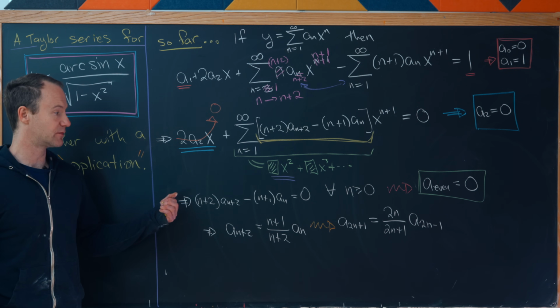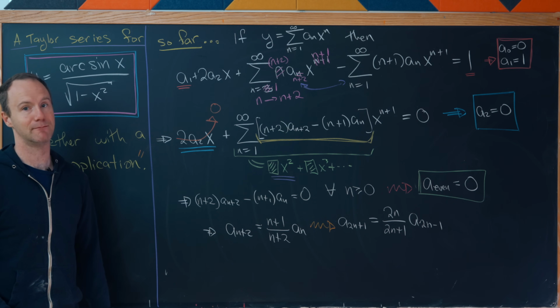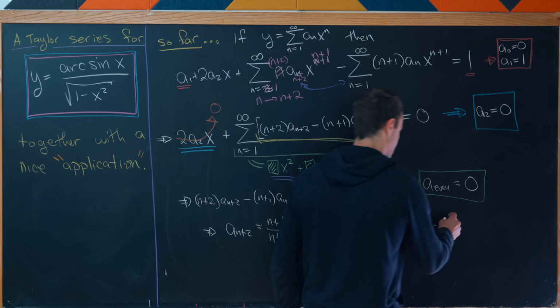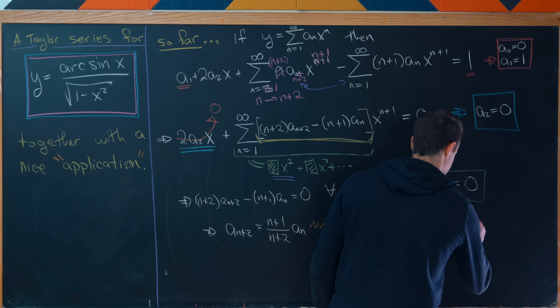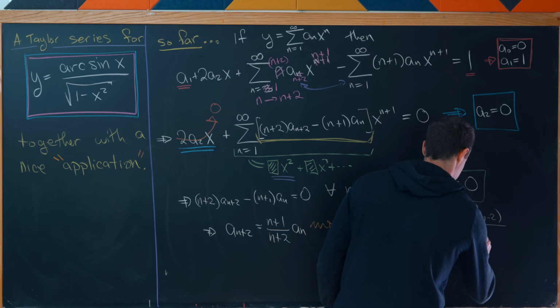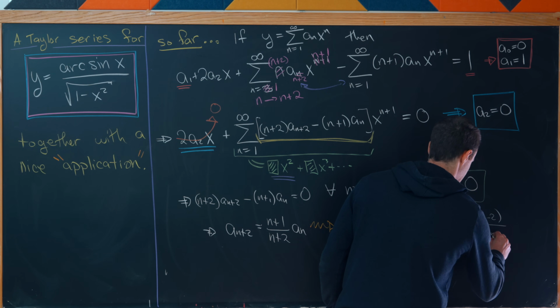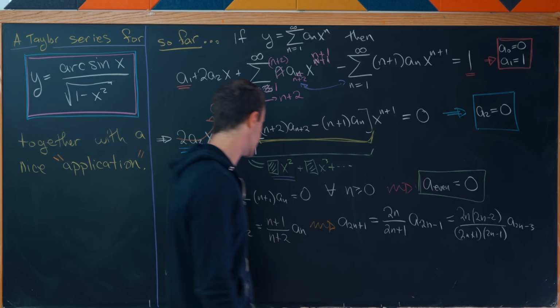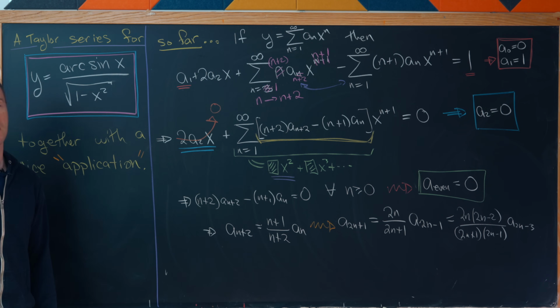So that's how the (2n plus 1)th term depends on the (2n minus 1)th term. Okay, well, let's take that down one step. And that means we'll have 2n times (2n minus 2) over (2n plus 1) times (2n minus 1) times a sub (2n minus 3). Just applying the recursion one more time.